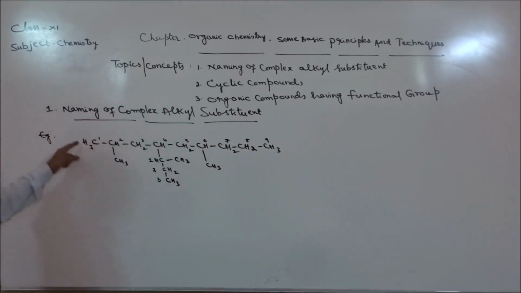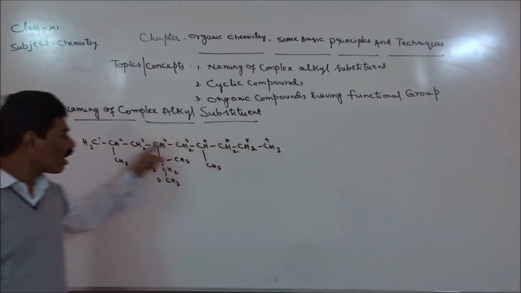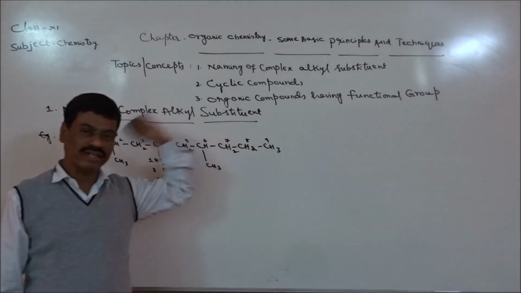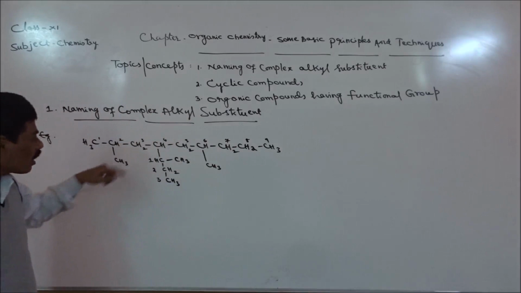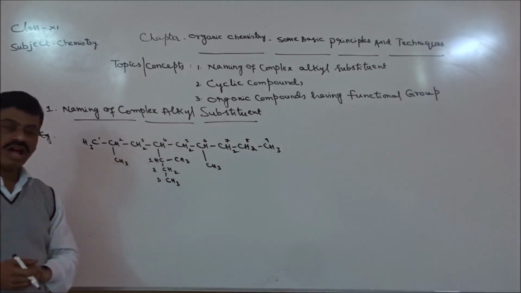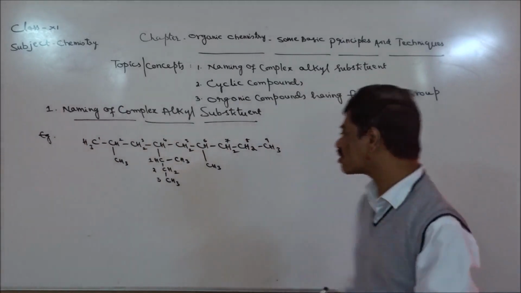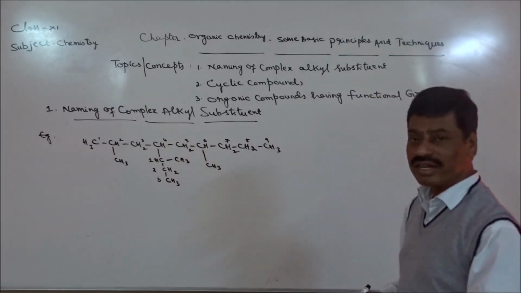Now, if you look at the long chain, it has the numbers 1, 2, 3, 4 till 9. The branch also has 1, 2, 3. Now, how to distinguish these numbers? Because in both cases we have similar 1, 2, 3 digits.